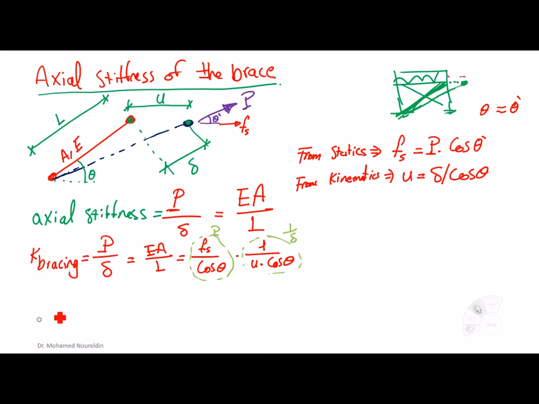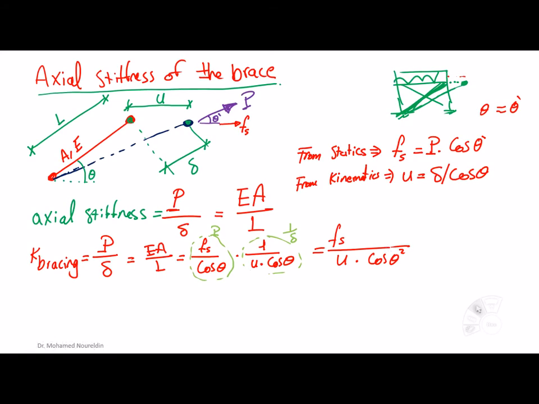So here we can say this equals, at the end, we're going to find Fs over U times cosine theta squared.